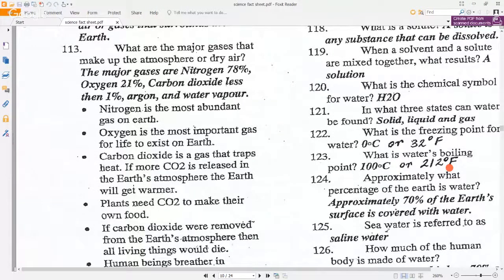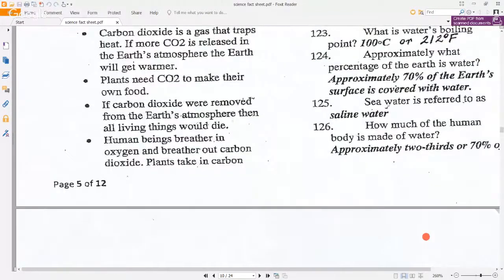124. Approximately what percentage of the Earth is water? Approximately 70% of the Earth's surface is covered with water. Seawater is referred to as saline water. Saline has to do with saltiness, salinity.